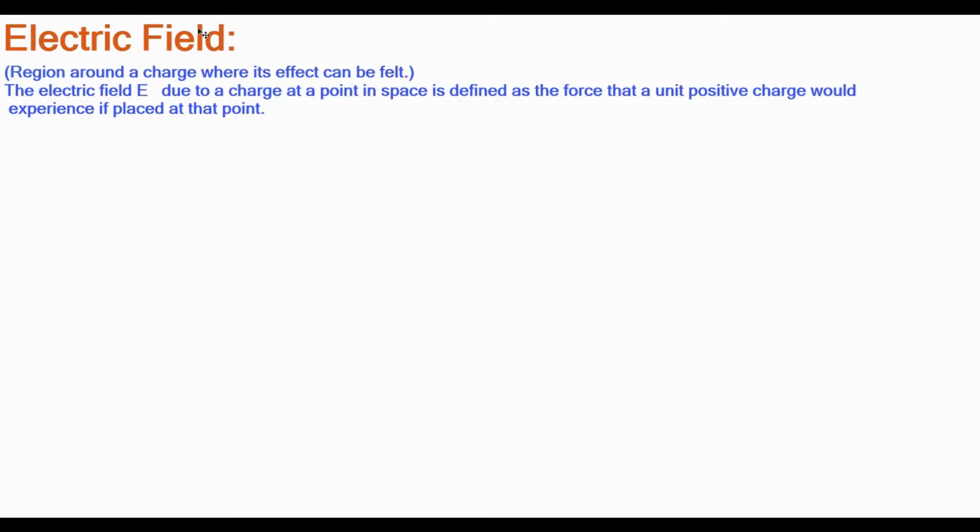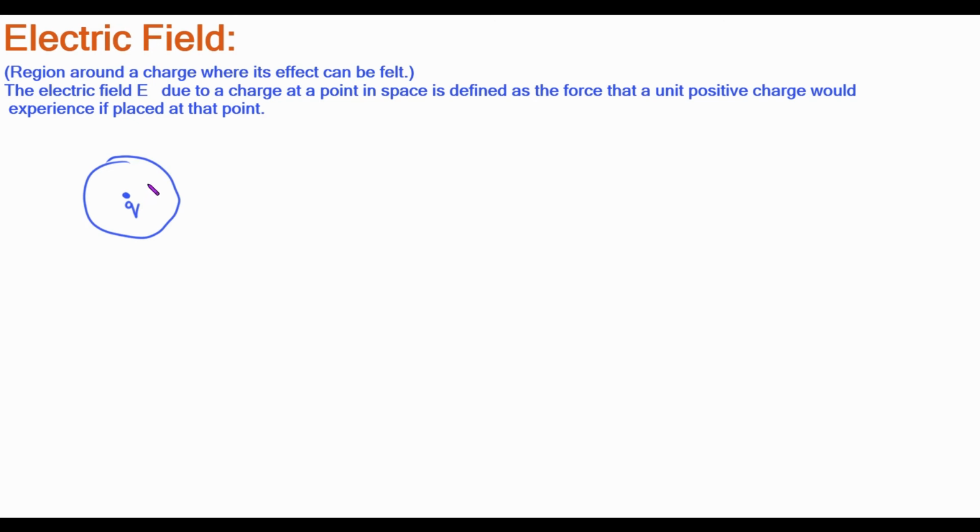So once again let's define this electric field. The region around a charge, suppose this is a region, here we have a charge, in the region around this charge we can feel the influence of this charge or its effect. So ee region na we call the electric field region.